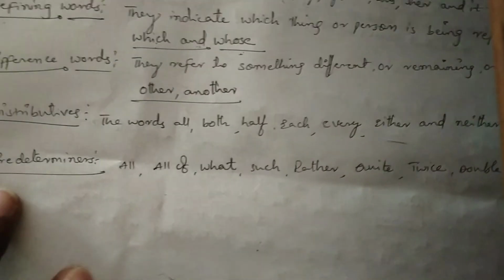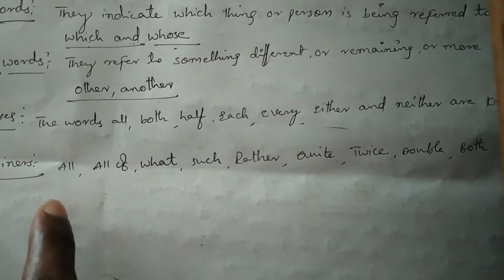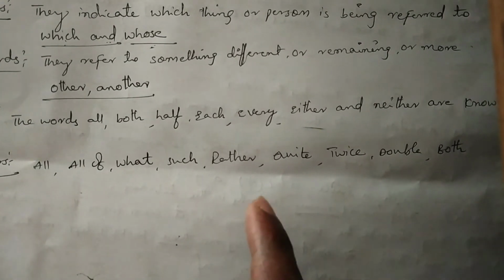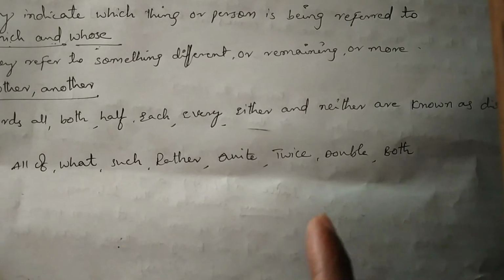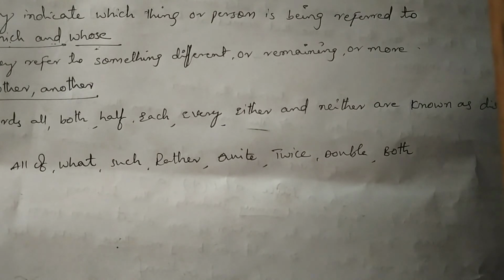Next one is the predeterminers: all of, what, such, rather, quite, twice, double, both. So all these are the types of determiners.